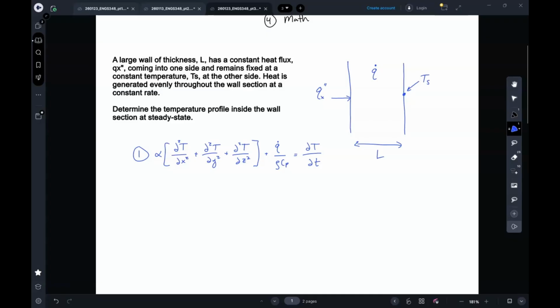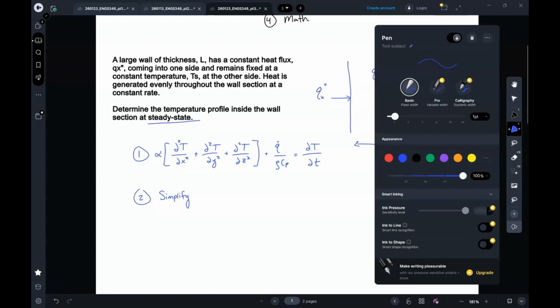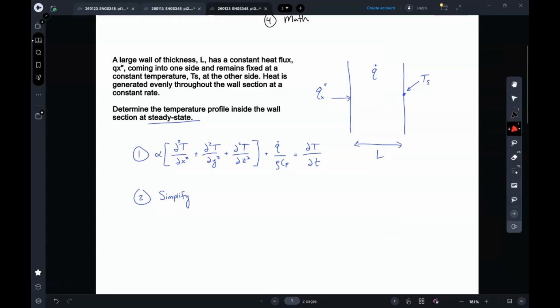All right, so now our second step is to simplify. We're asked to just determine at steady state. So I'll switch colors. This first term can be canceled out, right? d temperature d time equals 0 at steady state.